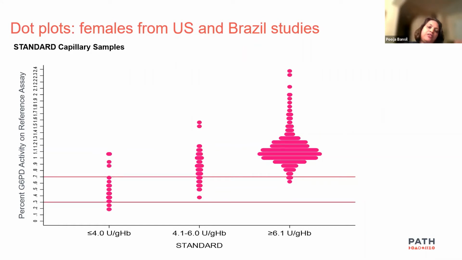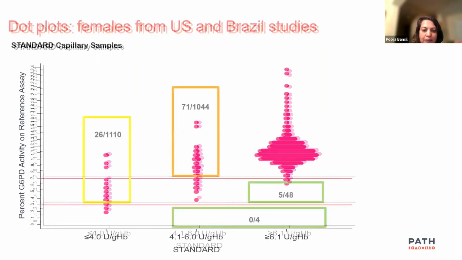This dot plot shows that there is a wide range and overlap in all female categories. All normal females had a G6PD activity greater than 60%, and the majority of the intermediate females have a G6PD activity greater than 70%. Next slide, please.